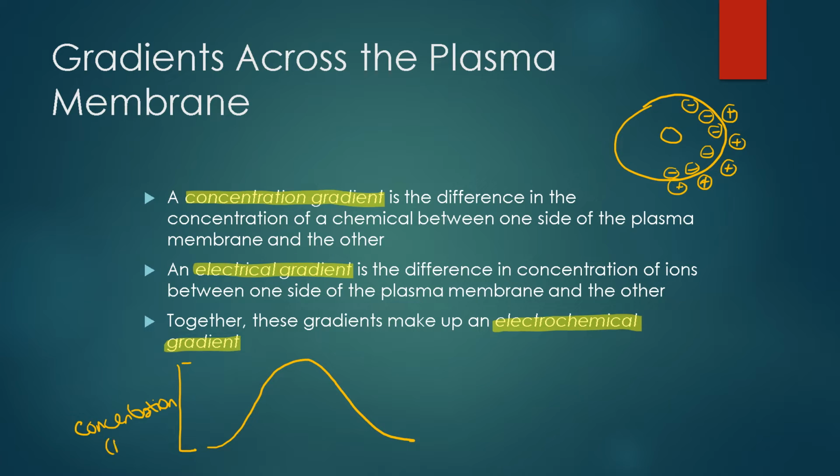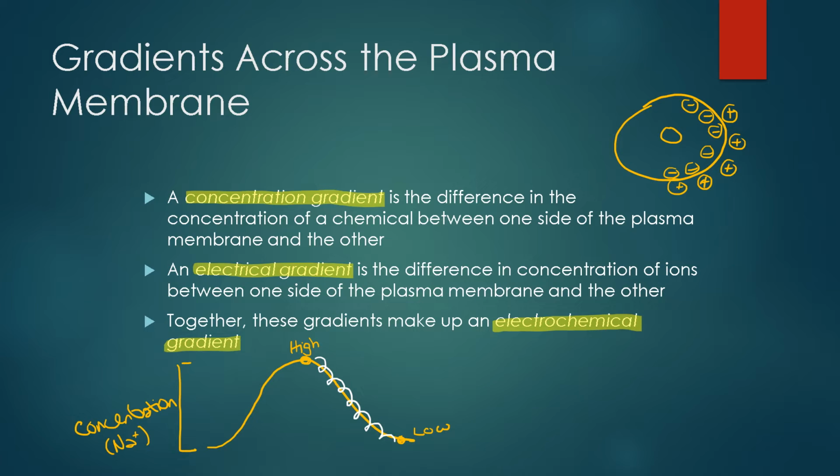We'll just say, for example, this could be the concentration of sodium ions. So here, where there's going to be a high concentration of sodium ions, for example, on the outside of the cell, and here where we're going to get a low concentration of sodium ions, for example, on the inside of the cell, ions will always want to move down their concentration gradient. So we can think of it as they want to roll down the hill.